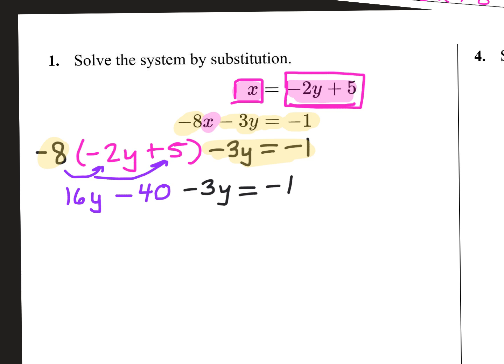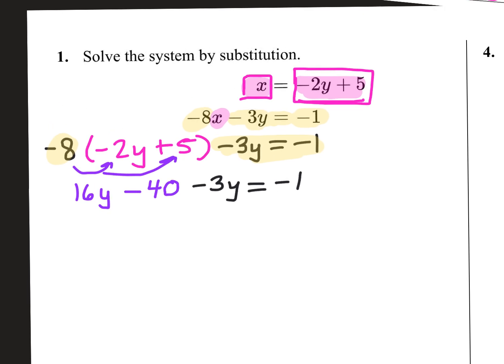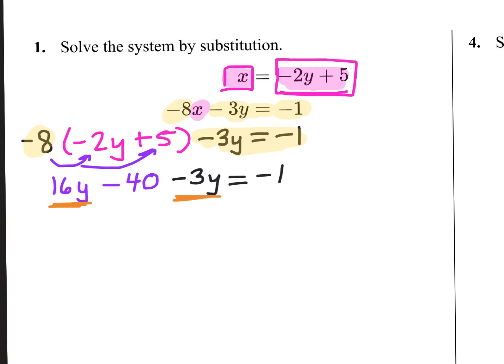And the way we can do that is by combining our like terms. So 16y and negative 3y both have a y. So I can do 16 minus 3 and get 13. And since it's 16y minus 3y, that's going to be 13y.